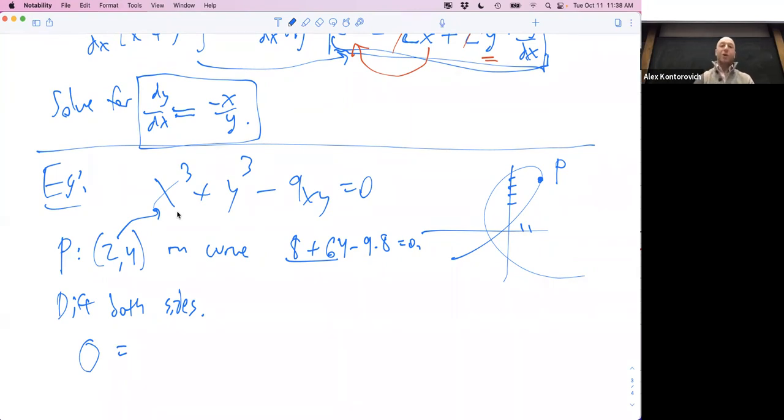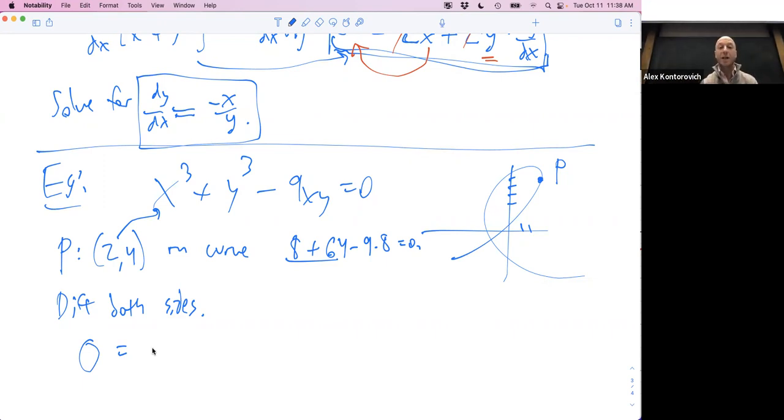Or if all you're seeing is x's and y's, the standard, what's the right word? The convention. Thank you, brain freeze. The convention is that y is the function and x is the free variable. The convention is that y is always the function of x.